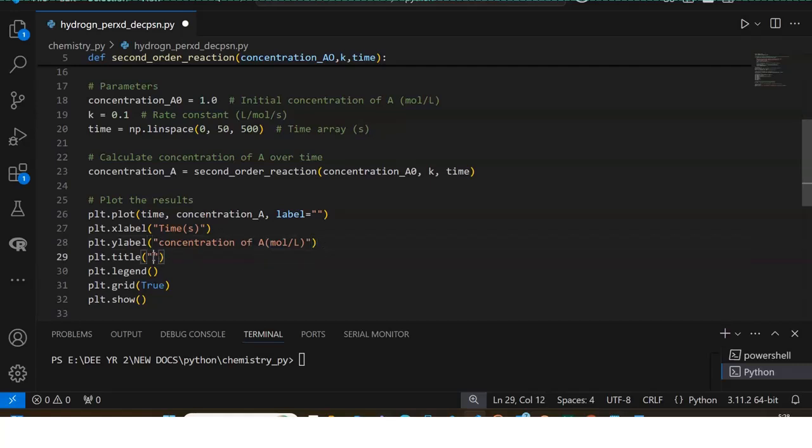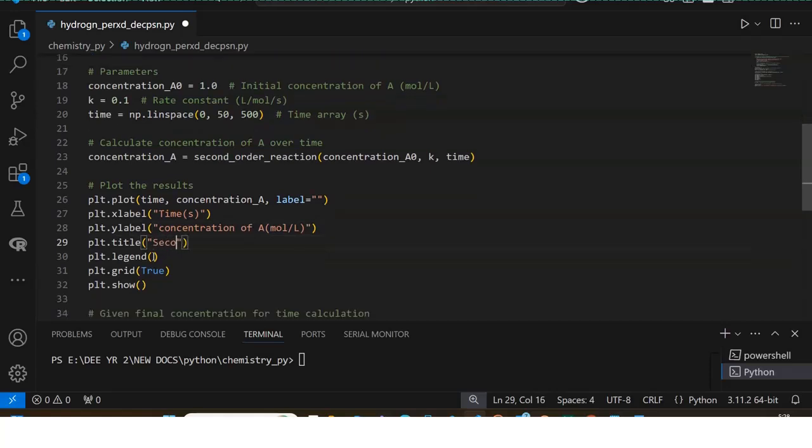Then the title is going to be, we are going to call it second order reaction. So legend, we shall declare that let there be a legend. In other words, something like a key. Then let the grid be there.